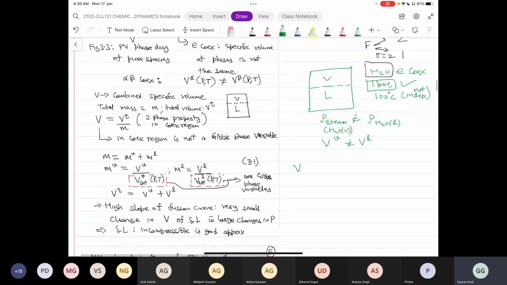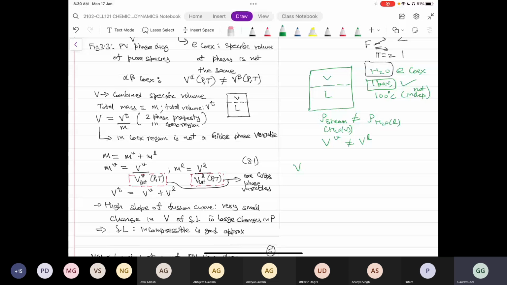Now let us come to the last point, which is what are my Gibbs phase variables? So VL sat, which is the volume of saturated liquid. Because I'm specifying saturated liquid, I don't even need P and T, I only need to specify one, let's say the value of pressure.